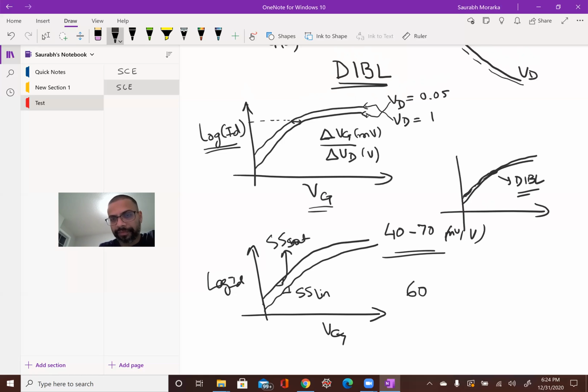And the units for that are millivolts per decade. What that means is how much delta VG is needed to get a decade change in the ID, right? Or a 10x change in ID. How much delta VG do we need? That slope is called subthreshold slope.